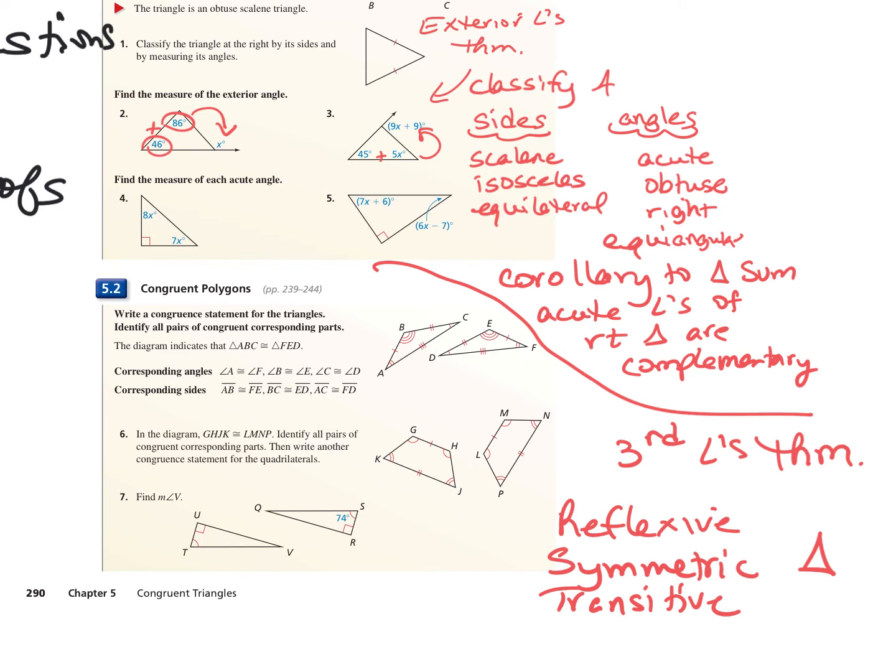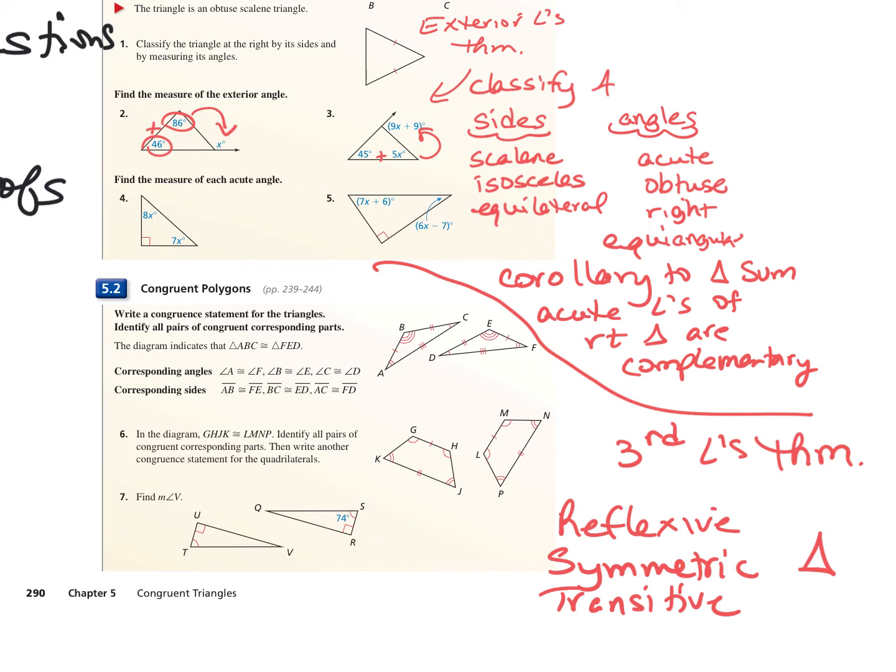We've seen them for numbers, for segments, for angles. We've seen it multiple different ways, but now we just apply it to triangles. So we saw these 3 properties reintroduced again in section 5.2. So just remember that when you're given a congruency statement, that's going to tell you the order that everything matches.